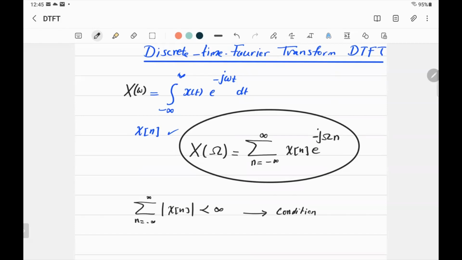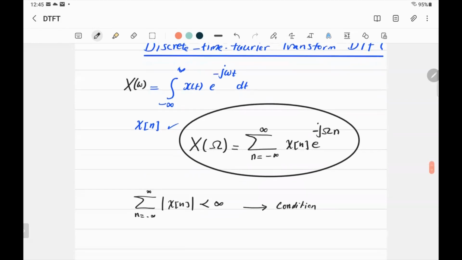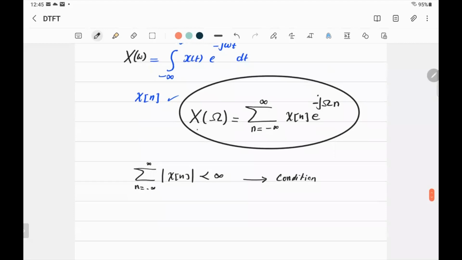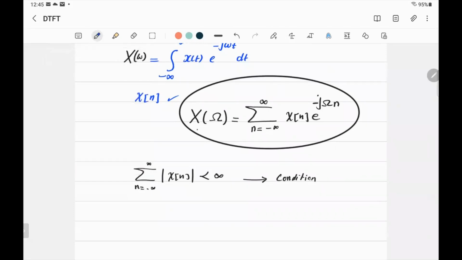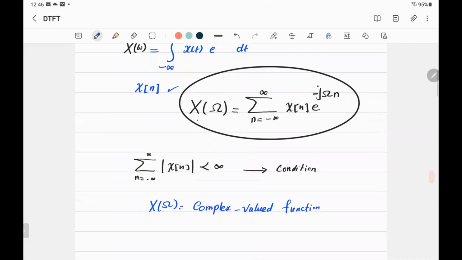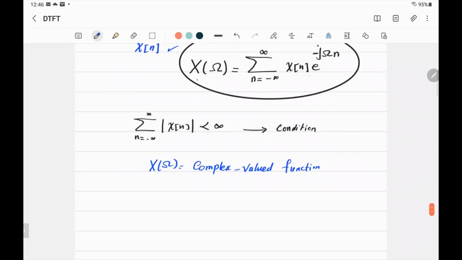Okay, what are the characteristics of this transformation, X of omega? Is the result real or complex? Complex. So X of omega in general is a complex valued function, even if x of n is real.